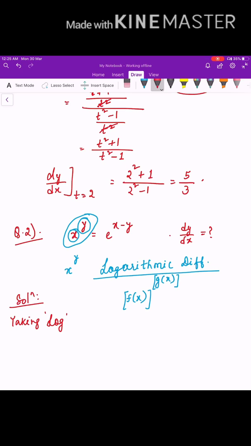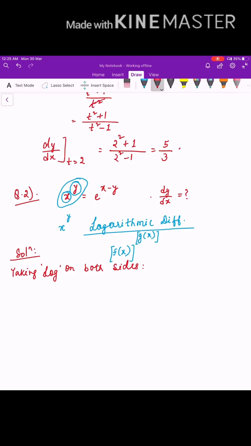So what am I going to do? Taking log on both sides, the left hand side becomes log x to the power y is equal to log e to the power x minus y. Note that e is always there, the base is always e.